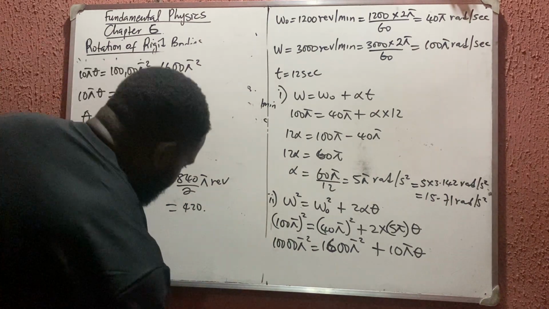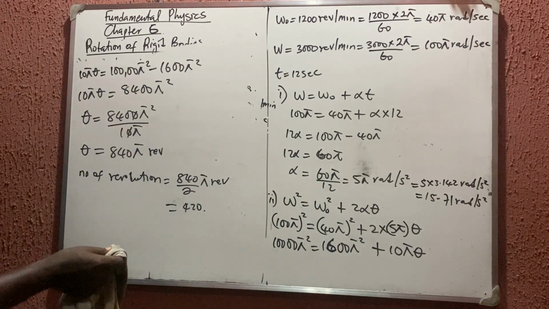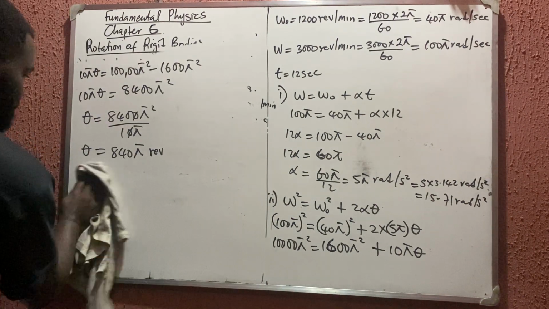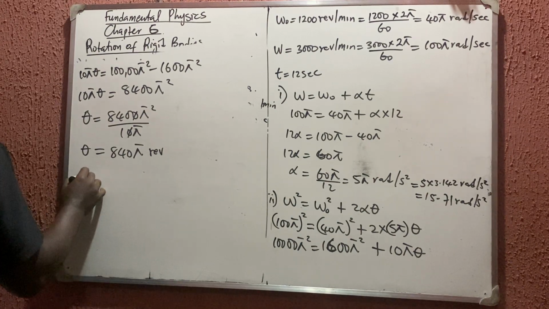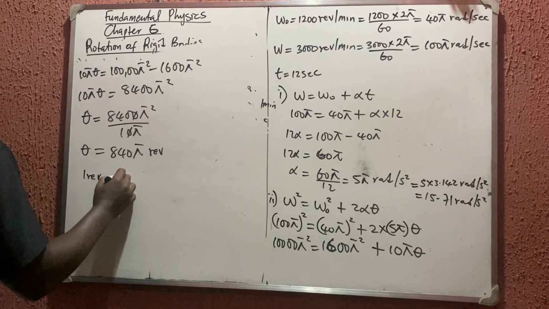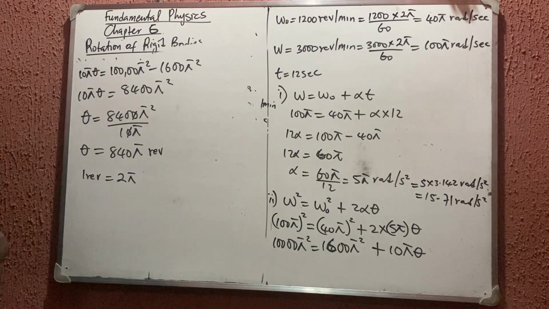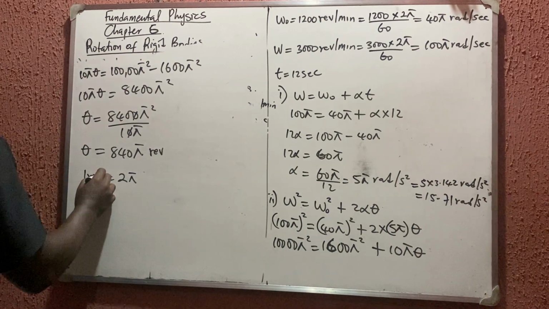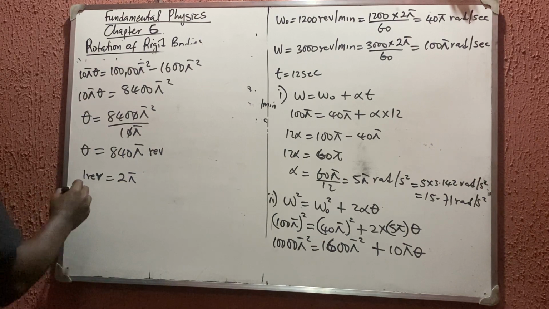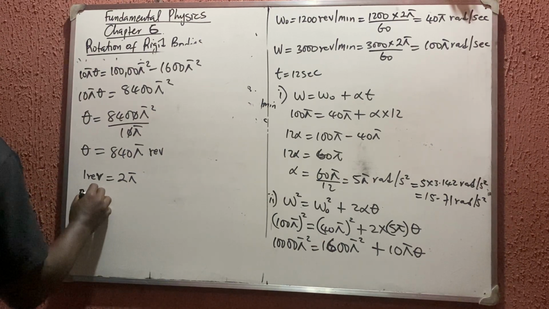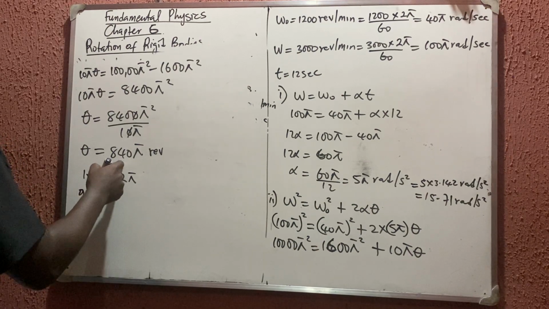Or rather, if you don't want to do it that way, you can cross multiply. You can say that one revolution is equal to 2 pi. So how many revolutions will give you the 840 pi that I've already gotten?